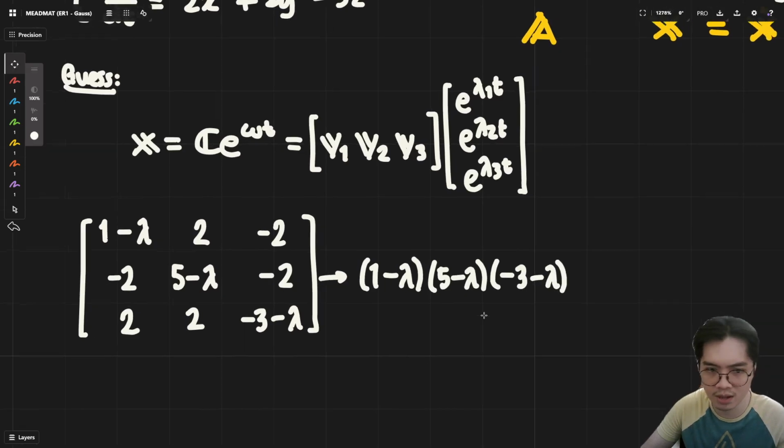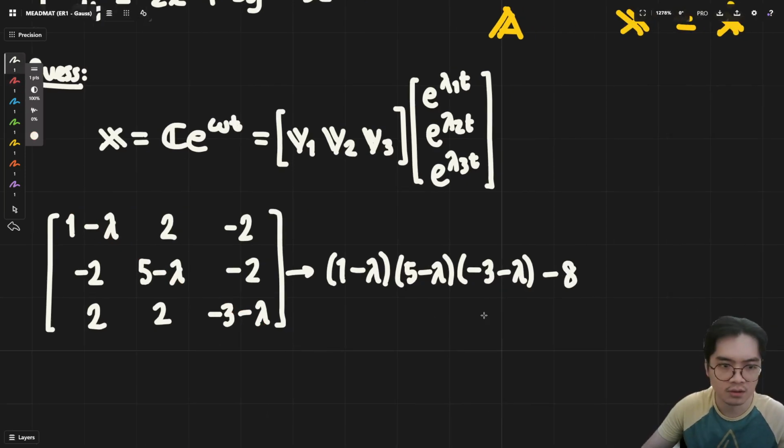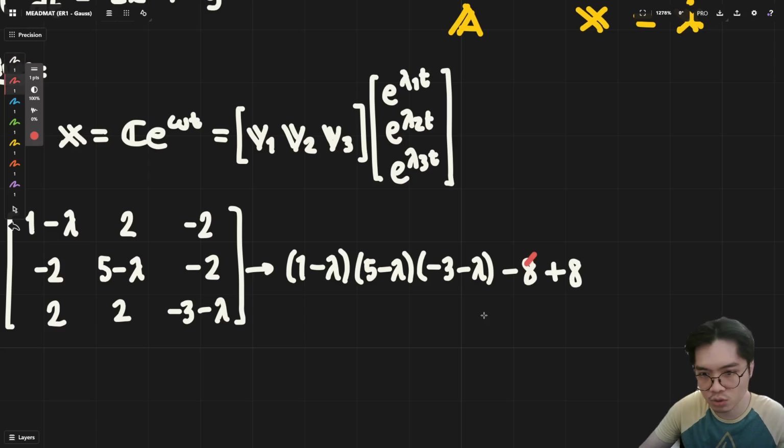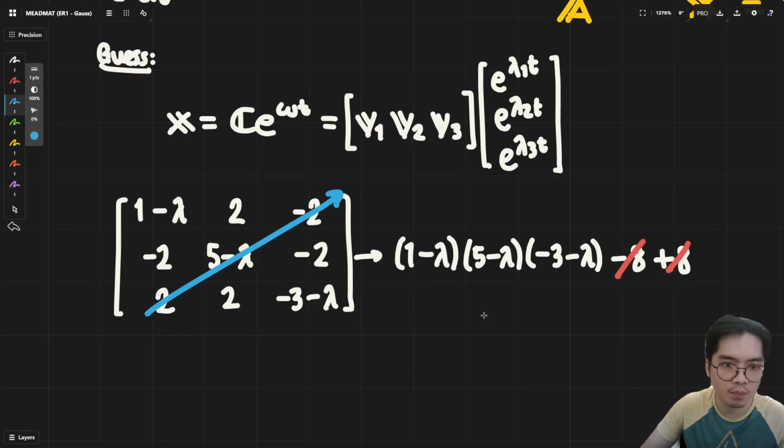This is going to take a while. So this is our first. Our second is this, which is 2 times negative 2 times 2, which is negative 8. And then this is our last bit, negative 2 and 2, that is plus 8. So cancel, cancel. And then next we look at the upward diagonals.